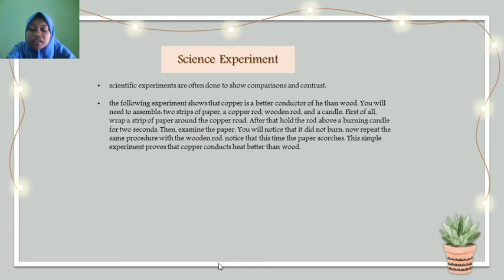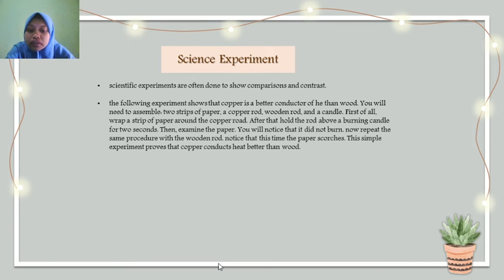Next, a science experiment. Science experiments are often done to show comparisons and contrasts. The following experiment shows that copper is a better conductor of heat than wood. You will need to assemble two strips of paper, a copper rod, a wooden rod, and a candle. First of all, wrap the strips of paper around the copper rod.